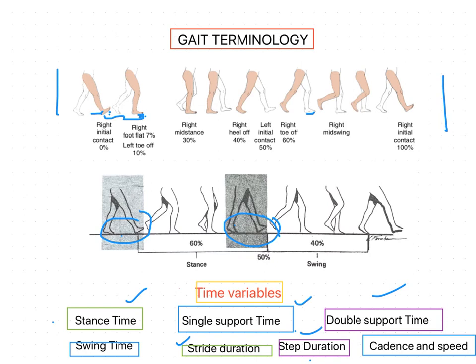Speed of gait usually is referred to as slow, free and fast. Free speed of gait refers to a person's normal walking speed, while slow and fast speeds of gait refer to speeds slower or faster than the person's normal comfortable walking speed. So these are the time variables.